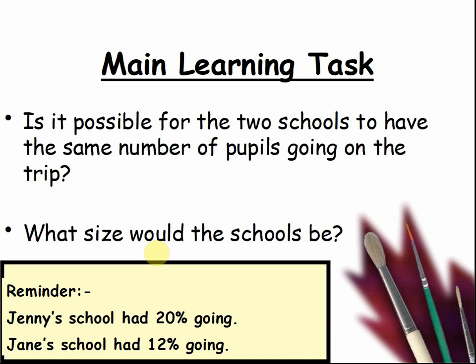Is it possible for the two schools to have the same number of pupils going on the trip? What size would the schools be? Reminder: Jenny's school has 20% going, Jane's school has 12% going. Pause the video and discuss the answers.